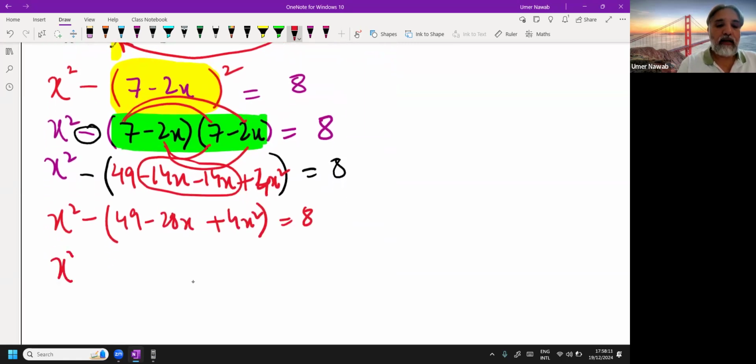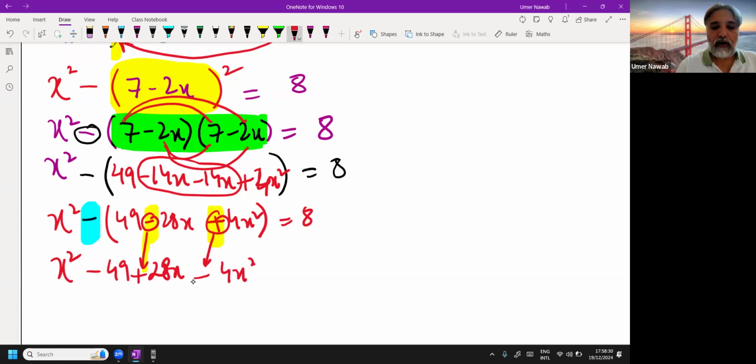And then remember, outside there is a minus sign. This minus sign will change this negative to plus and this plus to minus. So I'm going to write here negative 49. This minus changes to plus 28x. This plus changes to negative, and then I write minus 4x squared is equals to 8.